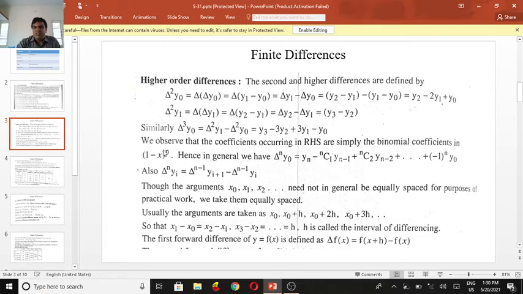Generally, the coefficients on the right hand side are the binomial coefficients of 1 minus x to the power n.